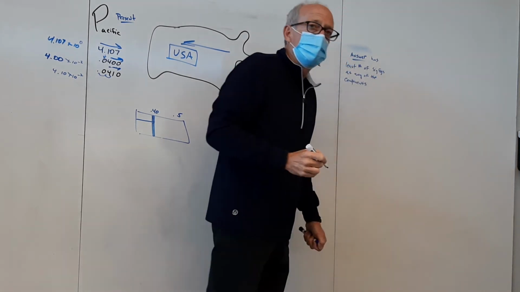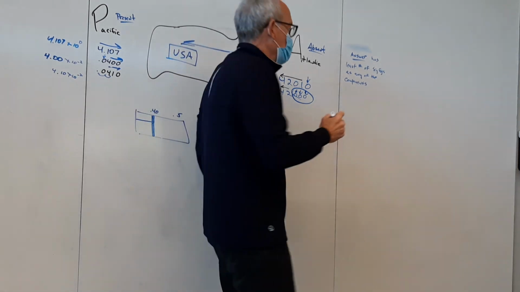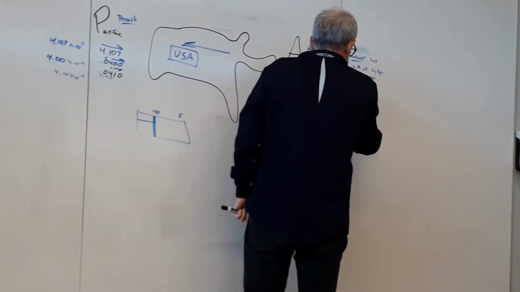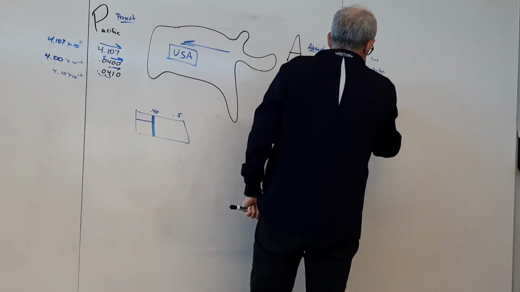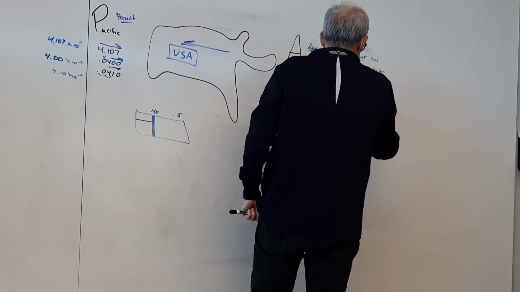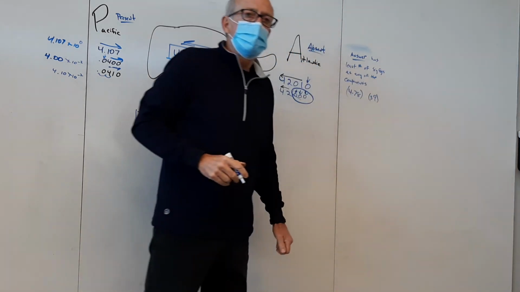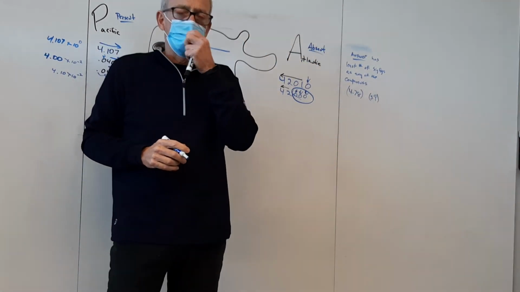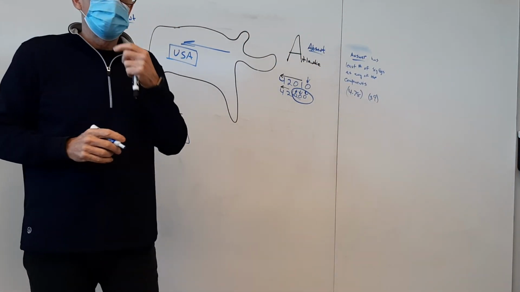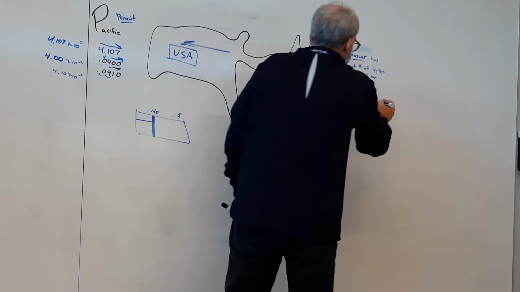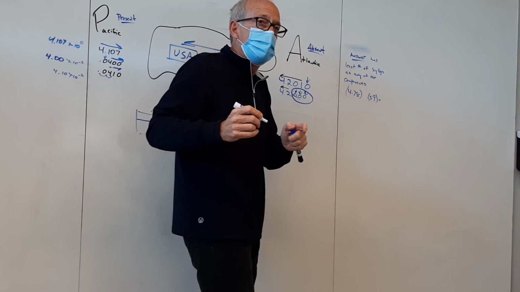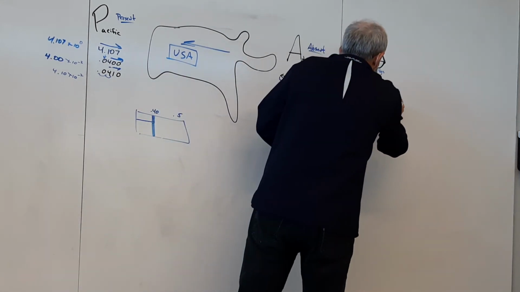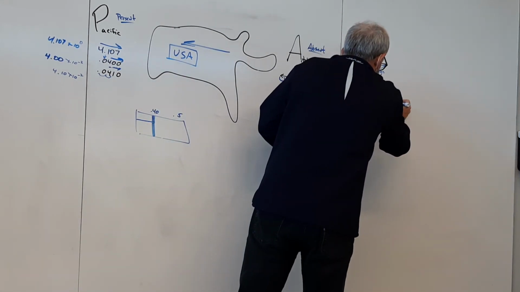For example, let's try this. 4.78 times 3.9. You guys do that on your calculator. Everybody do that real quick. What do you get? 18.642.